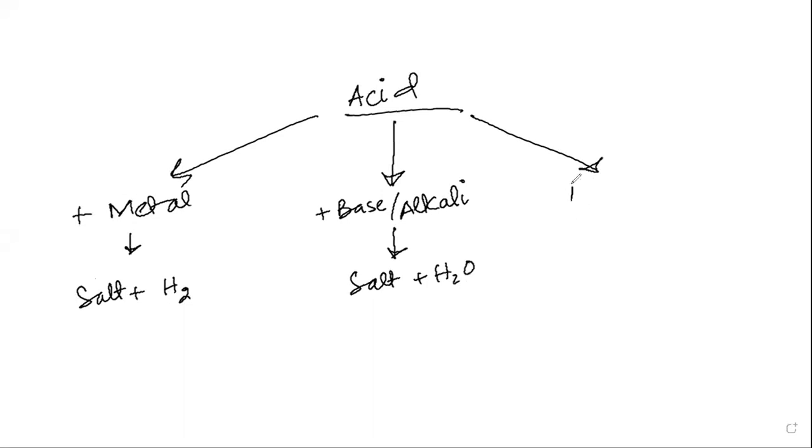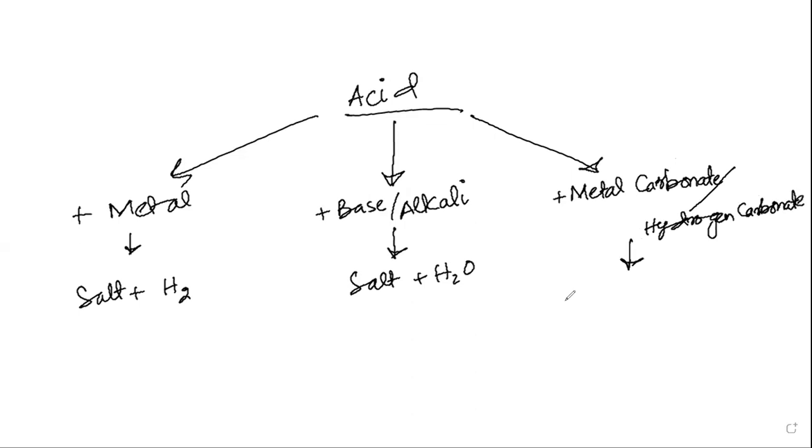Mind map is going to summarize everything in one place. And when it reacts with metal carbonate or hydrogen carbonate, it is going to give us salt plus water plus carbon dioxide.